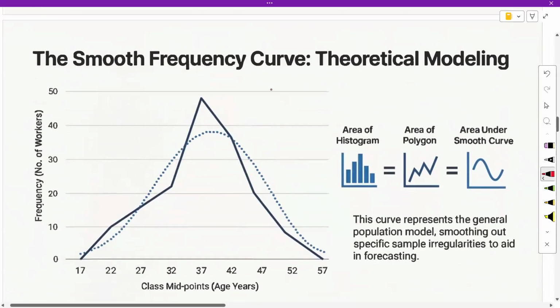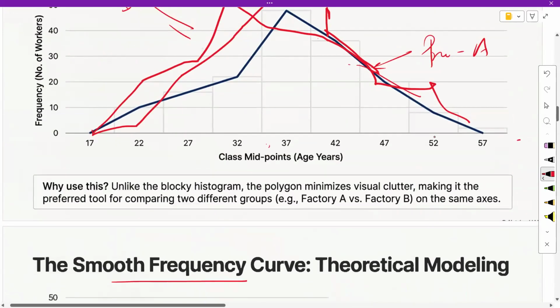Here, the next visual is a smooth frequency curve. Already we have discussed the histogram and then the polygon. Now the smooth curve. The smooth curve is not a new thing.